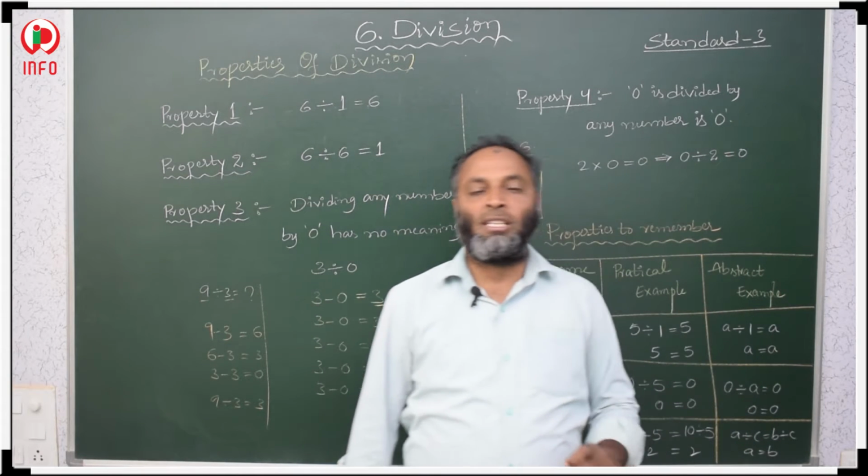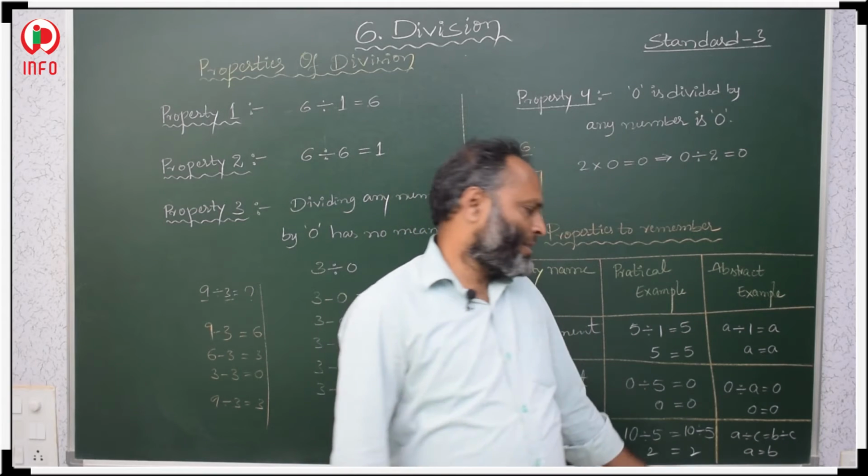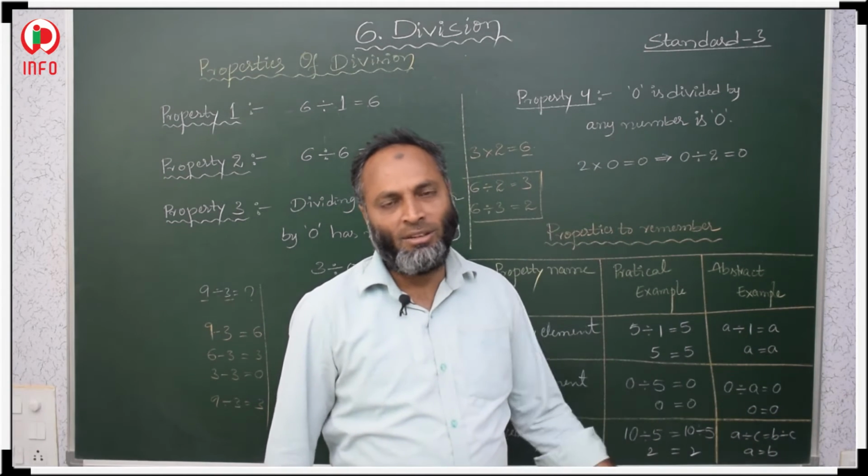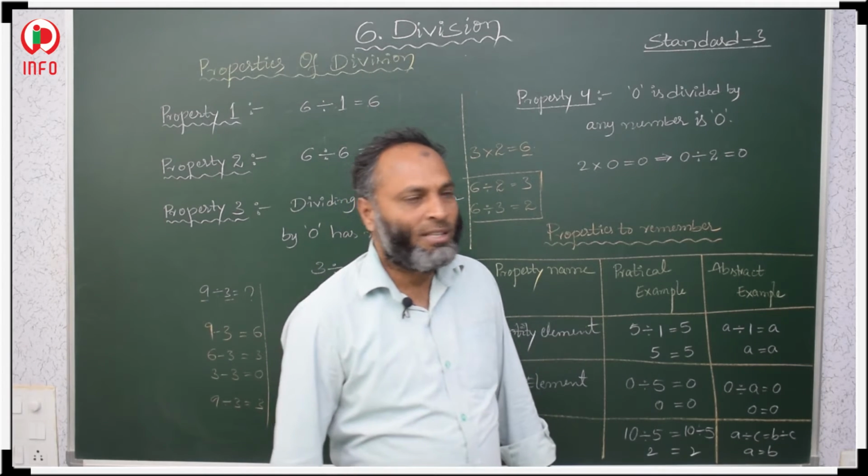So that is why A is equal to B. If we use common sense, we will get the answer: A is equal to B, then only it is possible. Otherwise, they are not equal.